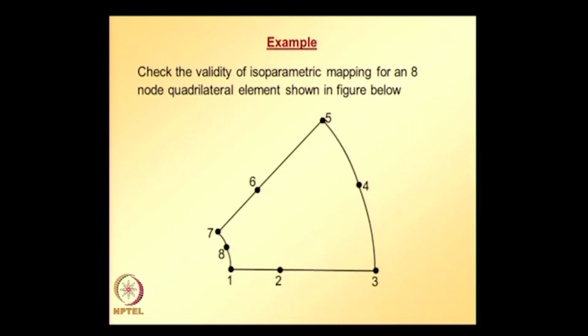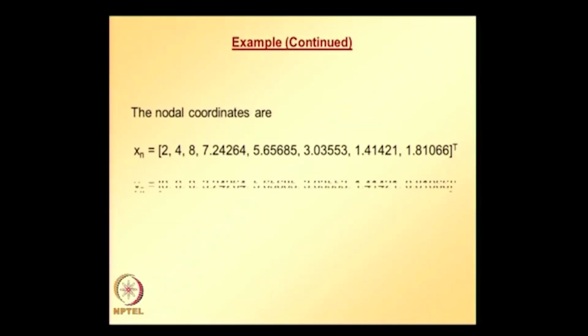This is the element, x y coordinates of all the nodes are given here, they are put in a vector x n and y n, all the x coordinates, y coordinates. The procedure for checking or to obtain the isoparametric mapping remains same, whether it is 8 node element or 4 node element.